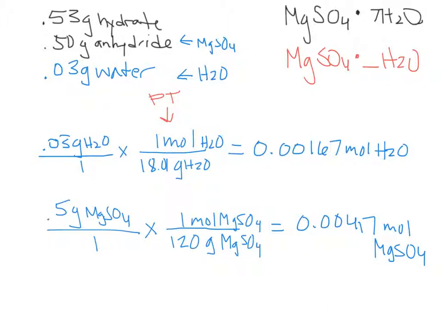So I'm going to take my moles of H2O, 0.00167 moles of H2O over 0.00417 moles of magnesium sulfate. Those are some really strange and weird numbers, but once we divide them, they should end up getting us something that makes a little more sense.